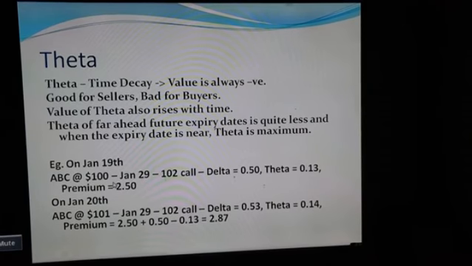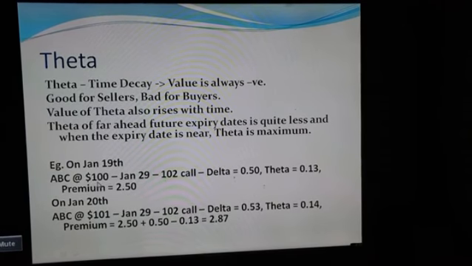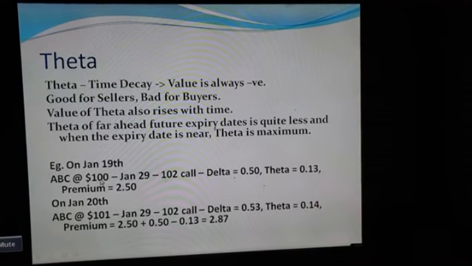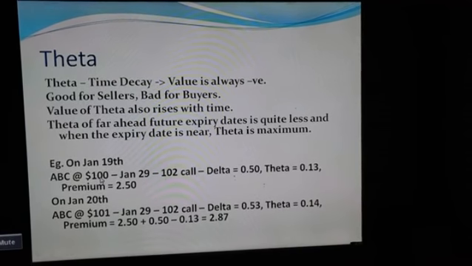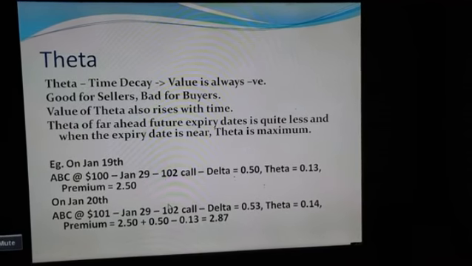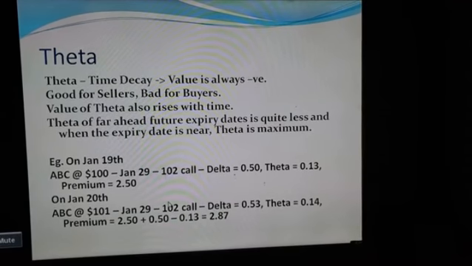So here I have given one example. On Jan 19th, ABC was trading at 100. The premium we paid was 2.5. The delta for this is 0.50 and theta is 0.13. Next day, on 20th January, the stock rose by $1. Our option price increased by delta, so 2.5 plus 0.5, the option value should be 3.00.